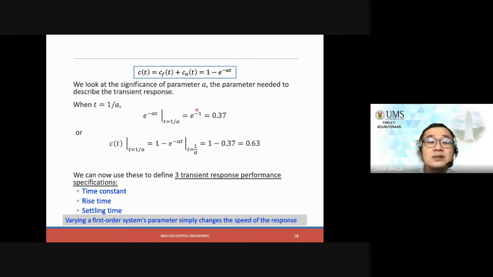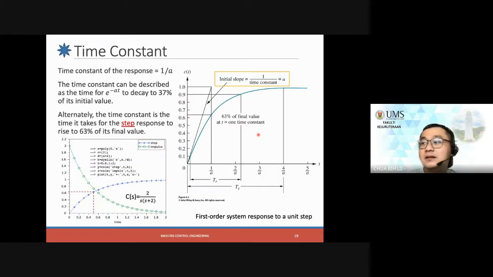So when it becomes minus 1, e to the minus 1 is actually equal to 0.37. In other words, this is the whole picture of the response. 1 minus 0.37 corresponds to a value of 0.63. So what is this 0.63? Over here, 0.63 is 63%.